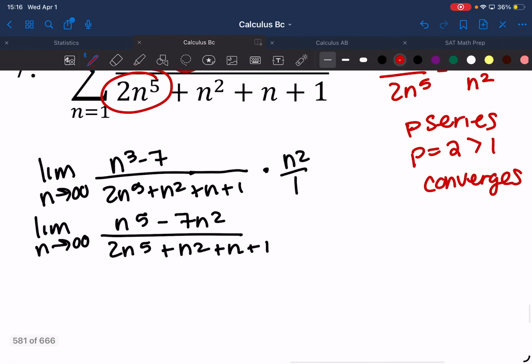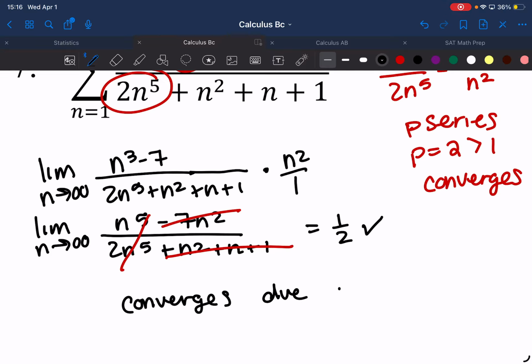We're looking at the limit as n approaches infinity, which means the negative 7n squared does not matter on the top because we have n to the fifth. And the n squared plus n plus 1 doesn't matter on the bottom because we have 2n to the fifth. So we're left with n to the fifth over 2n to the fifth, what's going to happen with the n's? It's going to cancel, and we are left with 1/2, which again is positive, so it meets the condition. So then we say that this series converges due to the limit comparison test.